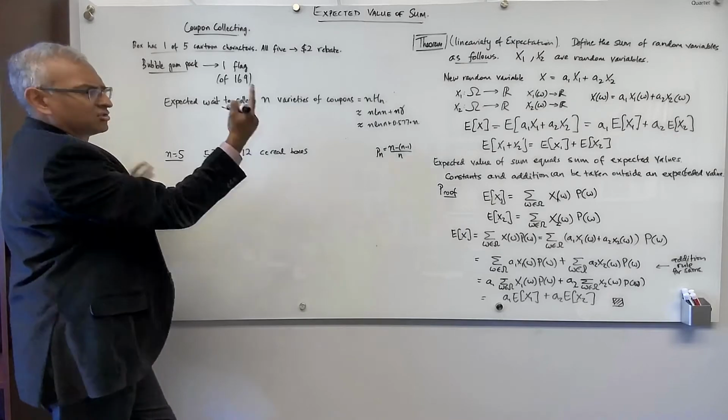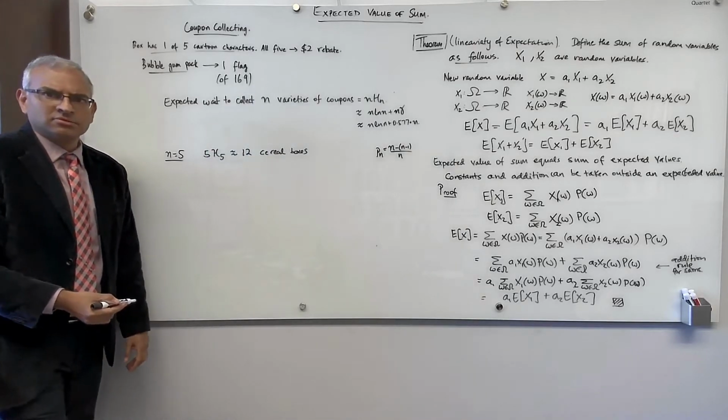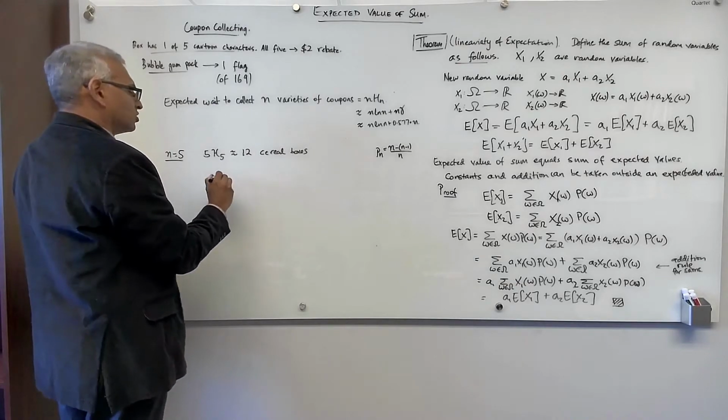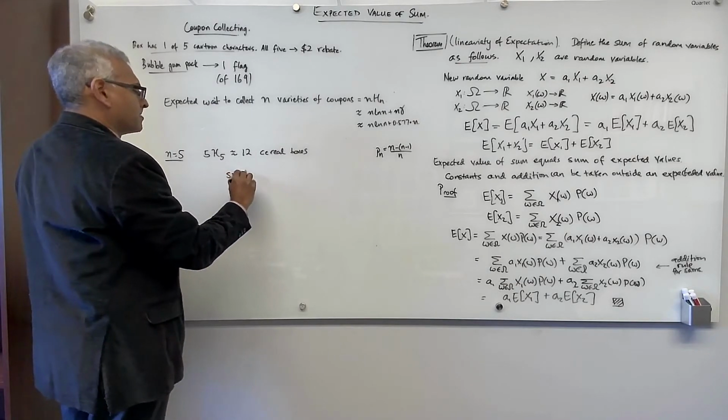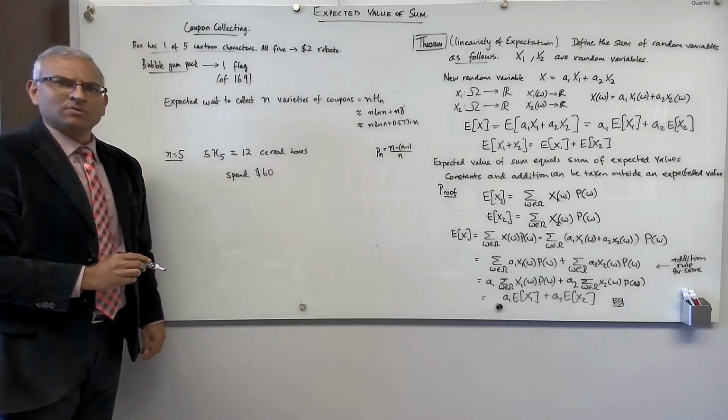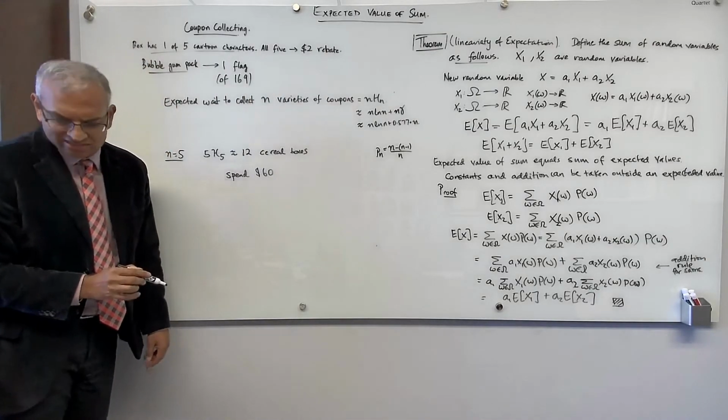And if each cereal box costs about $5, then you're going to spend $60 in order to get a $2 rebate. Whoopee! Approximately a 3% discount.